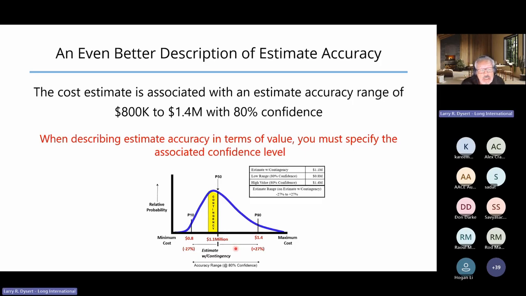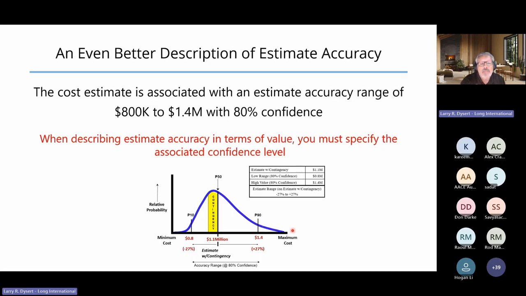Typically, we're going to use a confidence interval of 80% between P10 and P90, or perhaps 90% between P5 and P95. I would never want to actually describe I'm 100% confident I'm between the two end values of the tails of the distribution, because in reality, these get rather asymptotic.